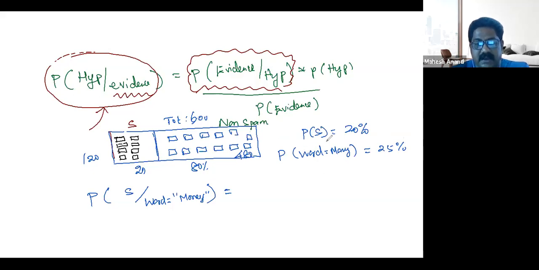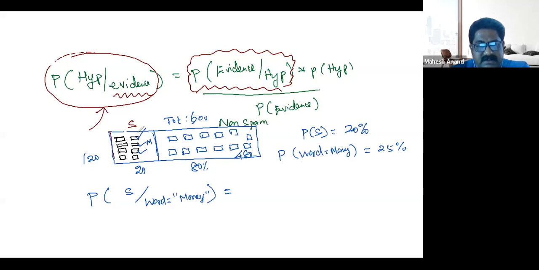In other words, the probability of an email containing the word money is 25%, irrespective of spam and non-spam. Once you segregate these emails based on different criteria, one spam mail could have the word lottery, another email could have money, prize money, and so many others.